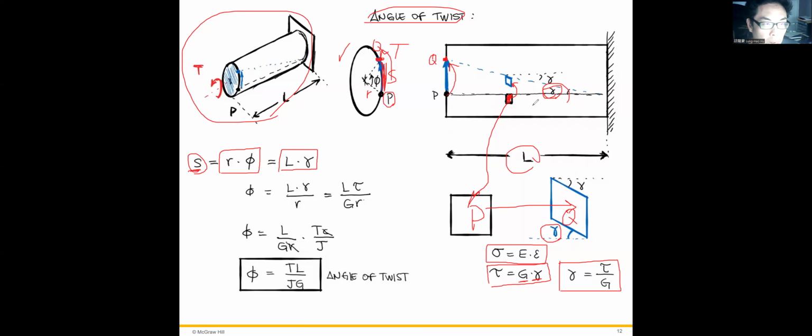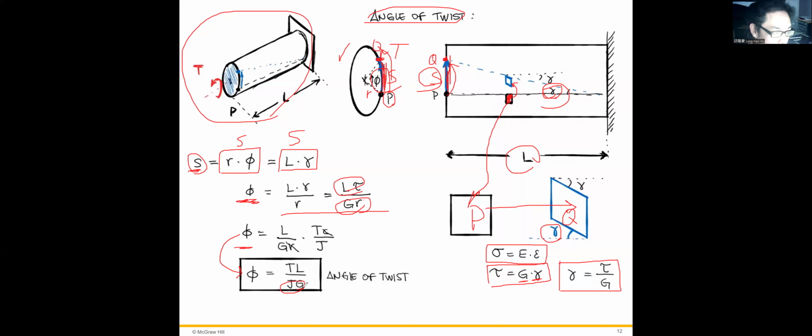L times gamma, this distance, this is the S. And then we just rearrange for phi, the twist angle or angle of twist, equals L times gamma divided by R, equals L times tau over GR, and finally phi equals T, the torque, times the length of the rod, over J, the polar moment of inertia, times G, the shear rigidity.